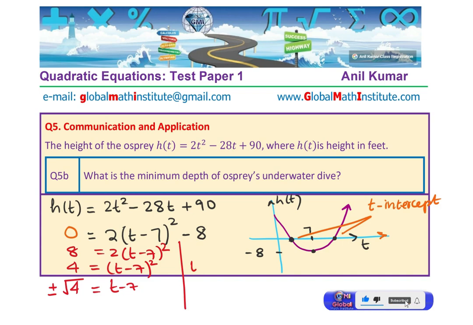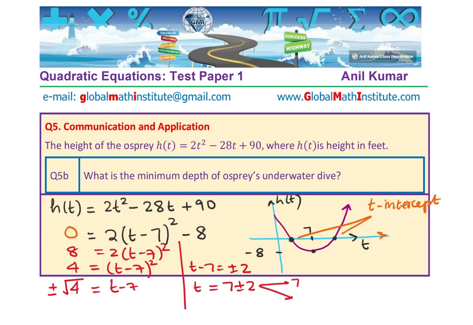So we get t minus 7 equals plus or minus 2, or time t as 7 plus or minus 2. So that gives us two values, correct? One is 7 plus 2, which is 9 seconds. And the other one is 7 minus 2, which is 5 seconds. You get the idea. So the 2 points which we are looking for when it hits the water level are at 5 and 9 seconds.